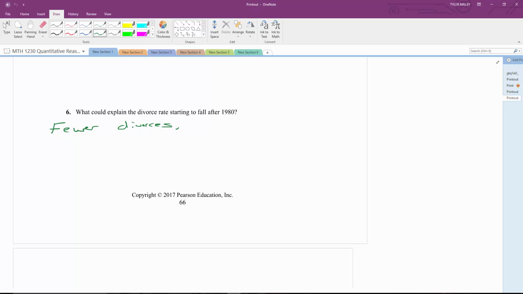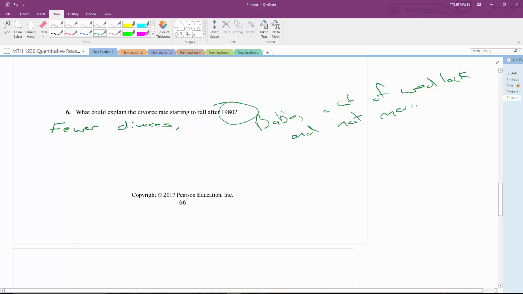So essentially what we're trying to say is, after 1980, maybe there was a social construct allowing people to not marry, right? So to have babies out of wedlock and not marry, right?